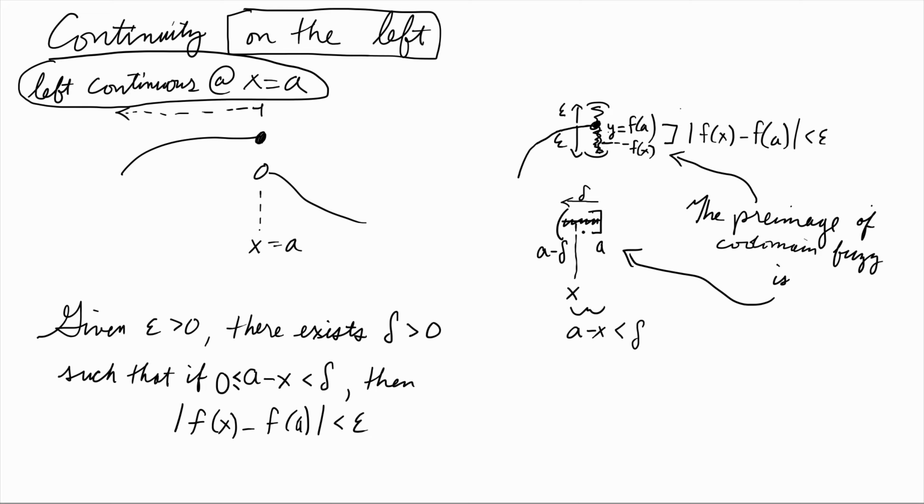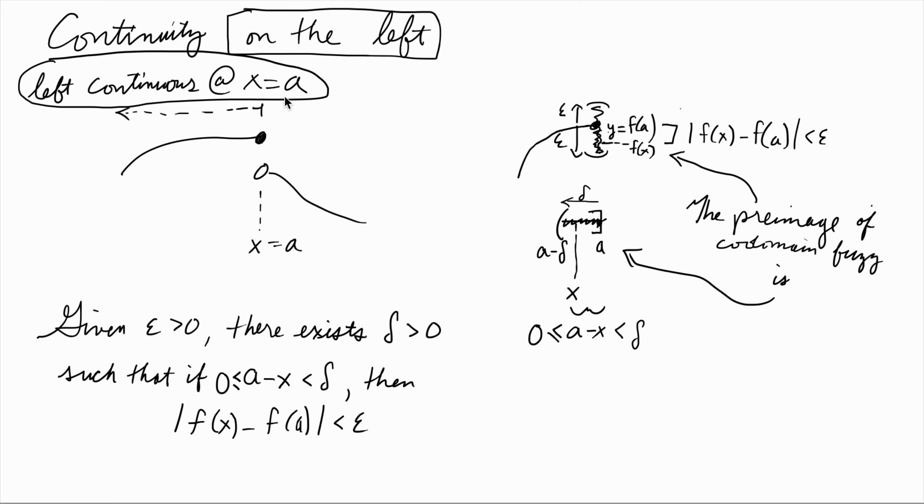To say that something is inside this left fuzz over here is to write something like this. Pretty much A minus x, requiring that it's positive, means that x is to the left of A. We're going to allow it to be equal to 0 so we can even include this endpoint right here.